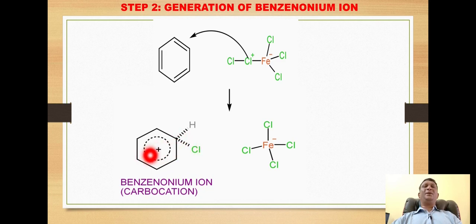To satisfy the electron need of this carbon, the other carbons tend to share their electrons of the pi bond. During this process, a whole positive charge is generated over the benzene ring. Hence, this carbocation is called the benzenonium ion.